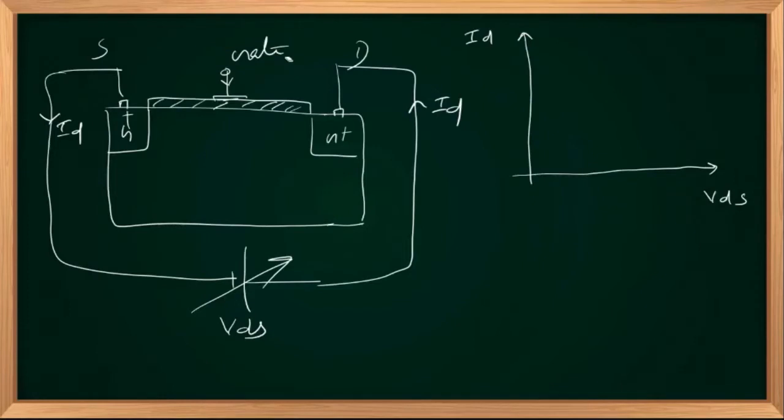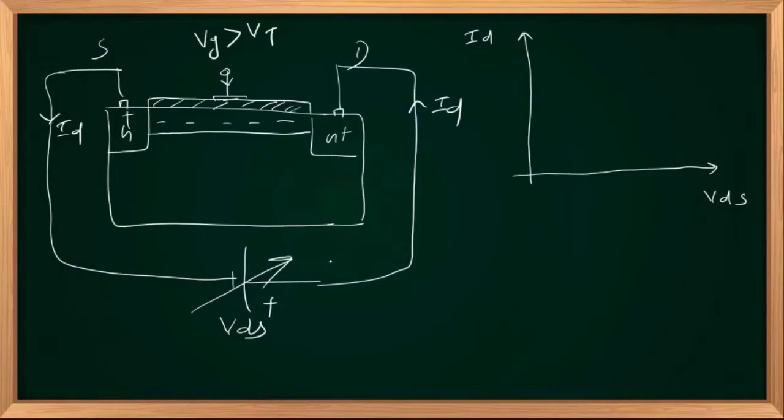Suppose gate is biased positive, VG is positive, greater than VT. This implies there exist enough electrons or negative carriers in the channel and the channel is continuous and there is a current flow. These electrons present in the channel are attracted by the positive pole. So electrons are flowing into the positive terminal of your battery.